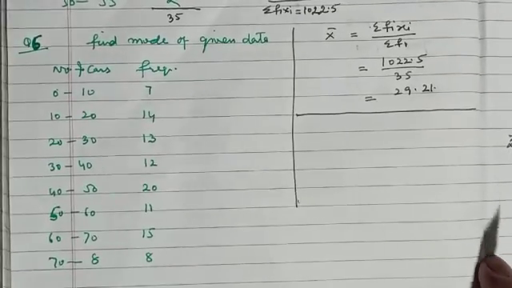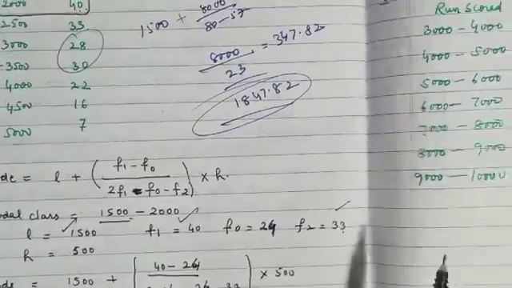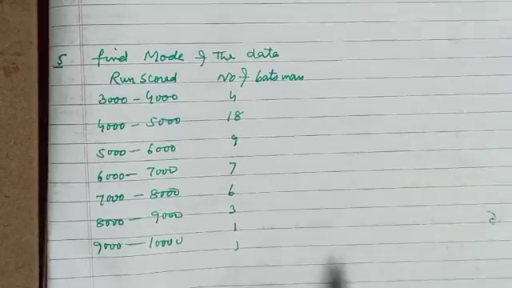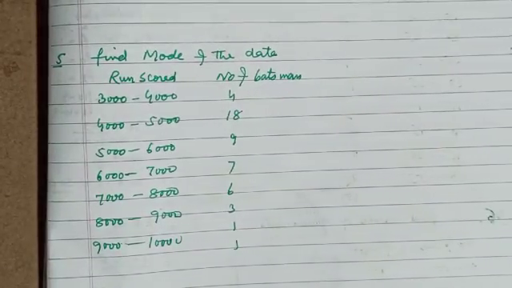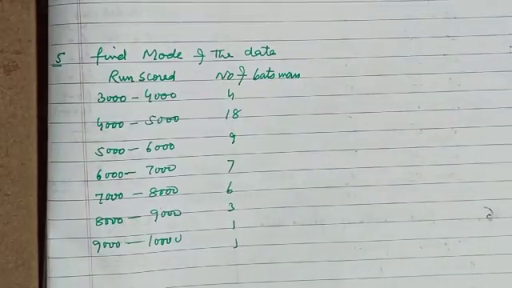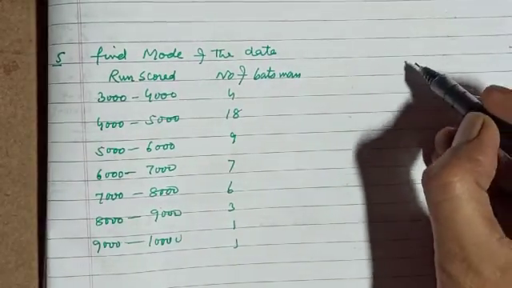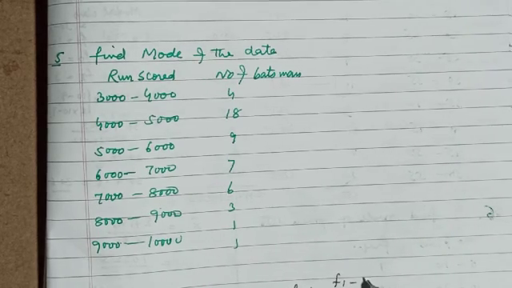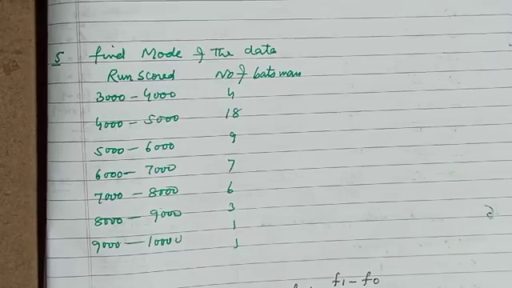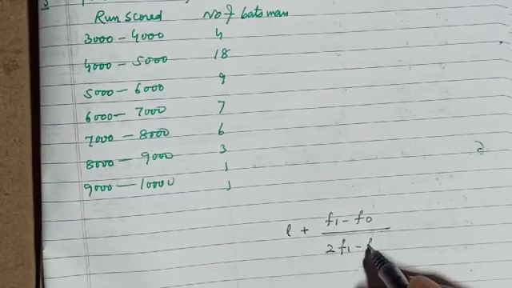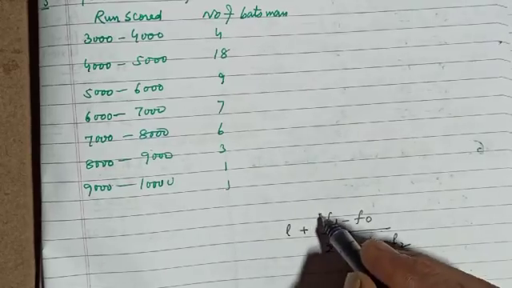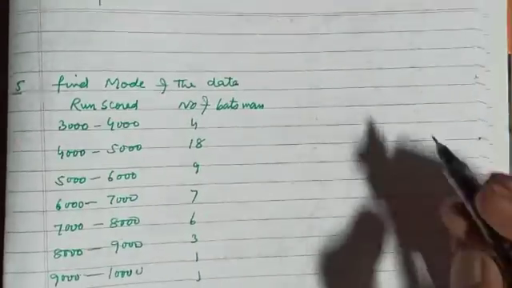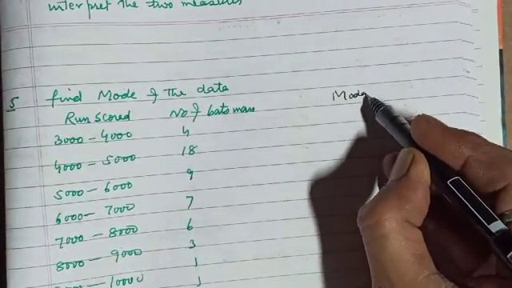And in question number 5, we have to find the mode of the given data. Again, the formula for mode is L plus F1 minus F0 divided by 2F1 minus F0 minus F2 multiply H. So first of all, we have to find the modal class.